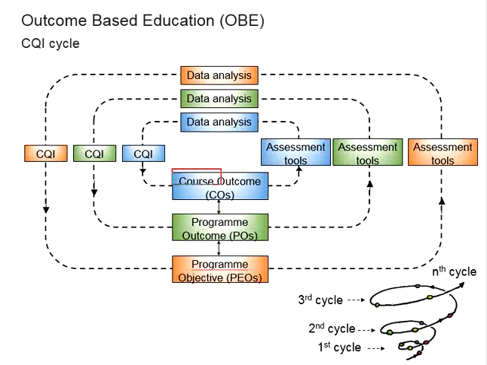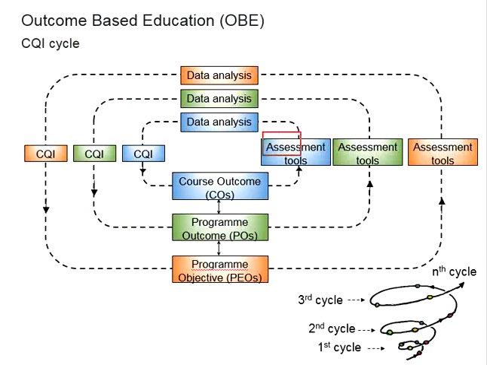Now for each type of outcome here, there is one complete cycle which constitutes the assessment, data analysis, and continual quality improvement, CQI. The same goes for the program outcome as well as the program objective.